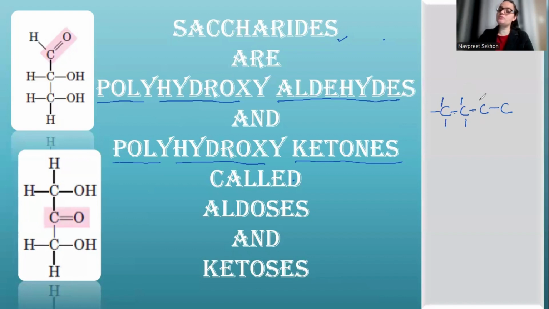This carbon has two bonds, it needs two more. This carbon has one bond only, so it needs three more bonds. Now, this tetravalency is satisfied just by the hydrogens. The atoms which are satisfying the tetravalency for all these carbon atoms are the hydrogens.